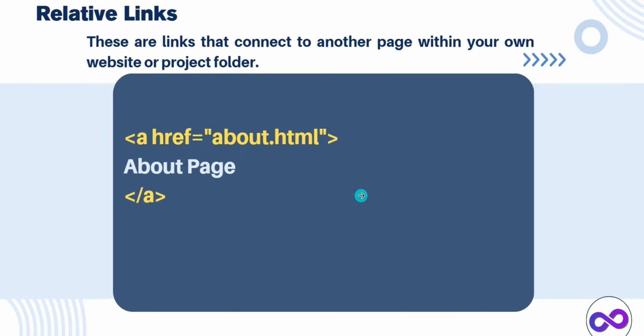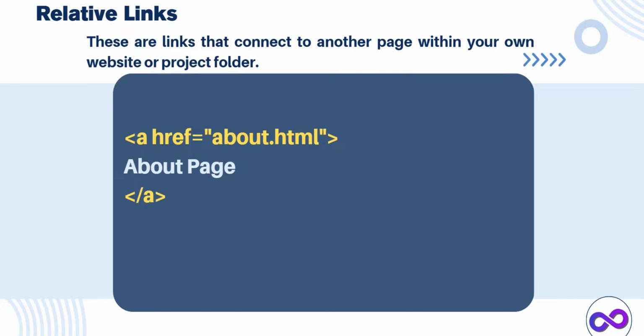In contrast to relative links, these are links that connect to another page within your own website or project folder. So you have here an example: a href about.html, the about page. The about.html is another file inside your project folder.